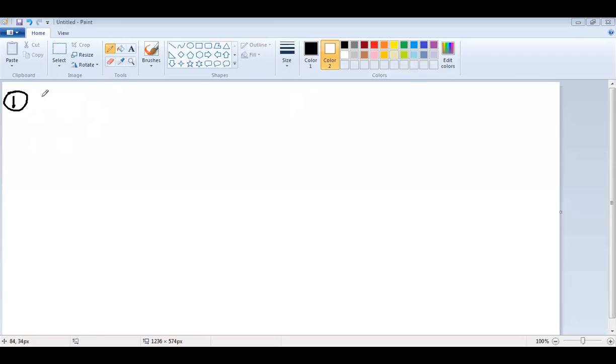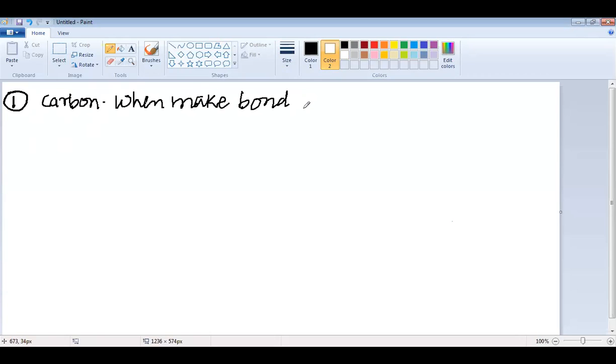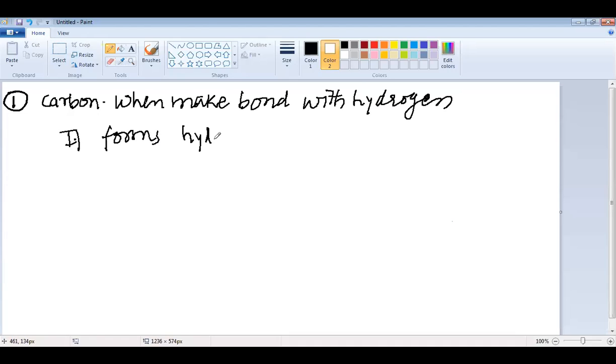So carbon can make bonds with hydrogen. When carbon makes bonds with hydrogen, it forms hydrocarbon compounds.